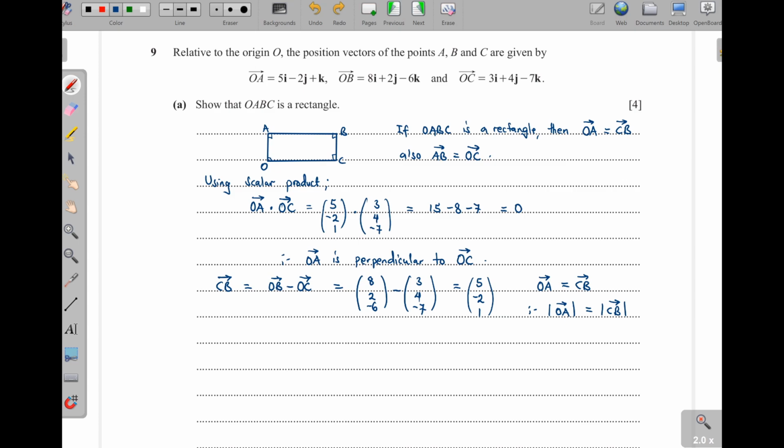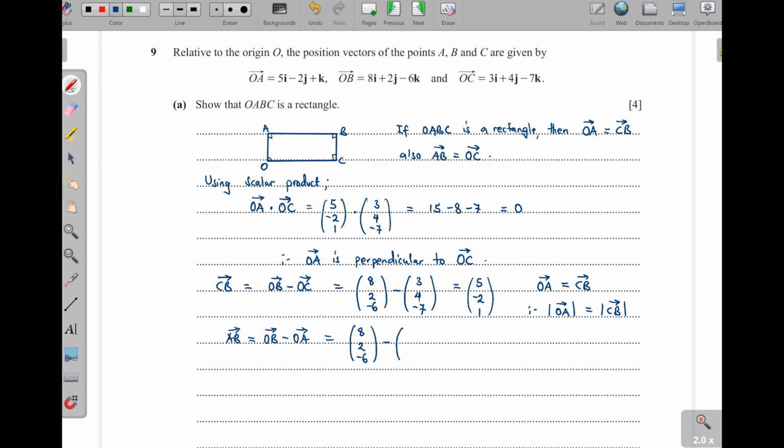We have looked at C to B. Then how about AB? Is it equal to OC? So AB, just like before here, you get the last minus the first, not so? Last minus the first. The last one is our OB, which is 8, then 2, and then negative 6. Then we subtract.